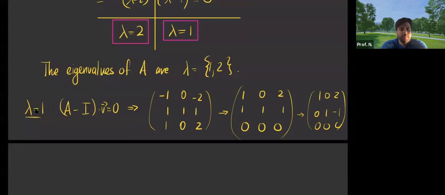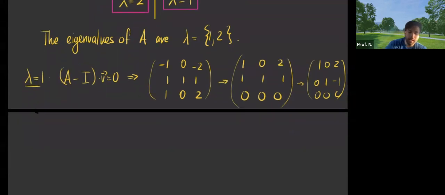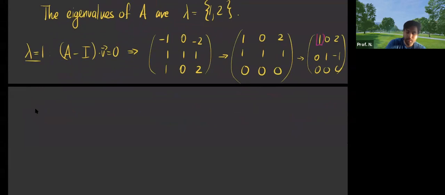All right. So then what do I get? I got two pivot variables and one free variable. So I got x1 equals negative 2x3, x2 equals positive x3, and x3 equals t or whatever. So this equals t, this equals negative 2t.